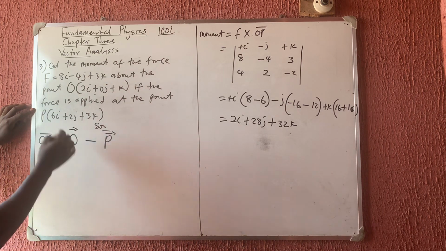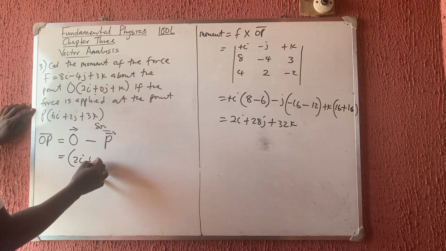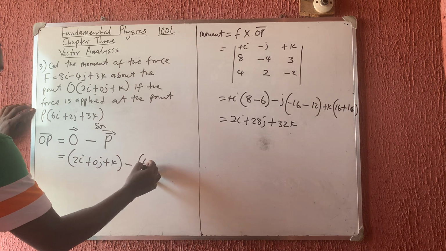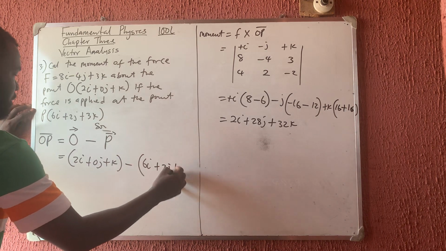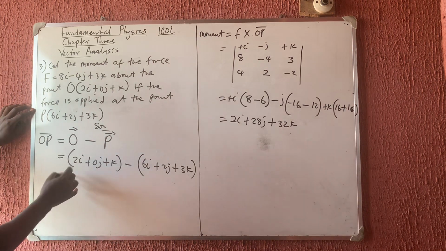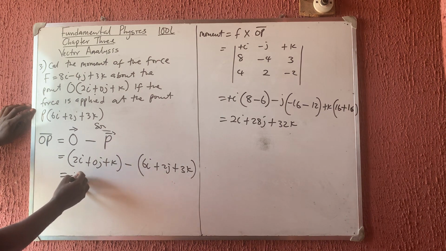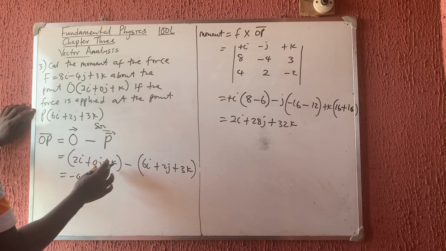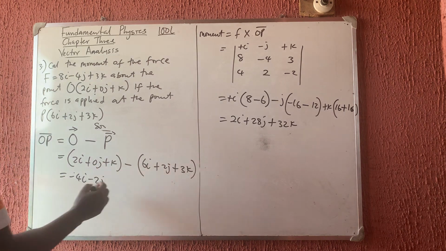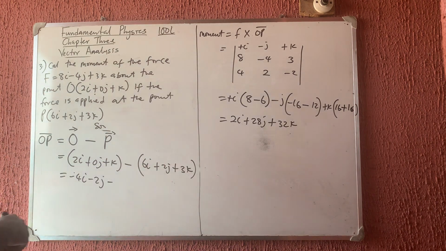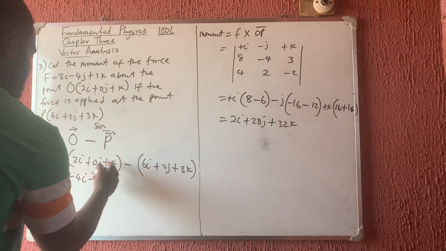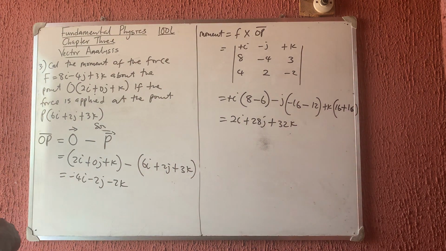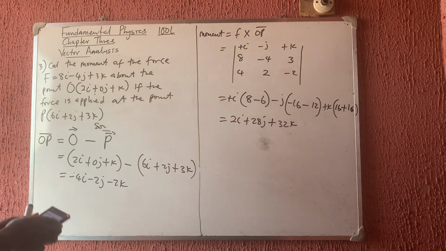That's how it's supposed to be. So which is 2i plus 0j plus k minus where I started, that is i plus 2j plus 3k. All right, so this minus this will give you minus 4i and then minus 2j, then minus minus k, right, minus 2k.